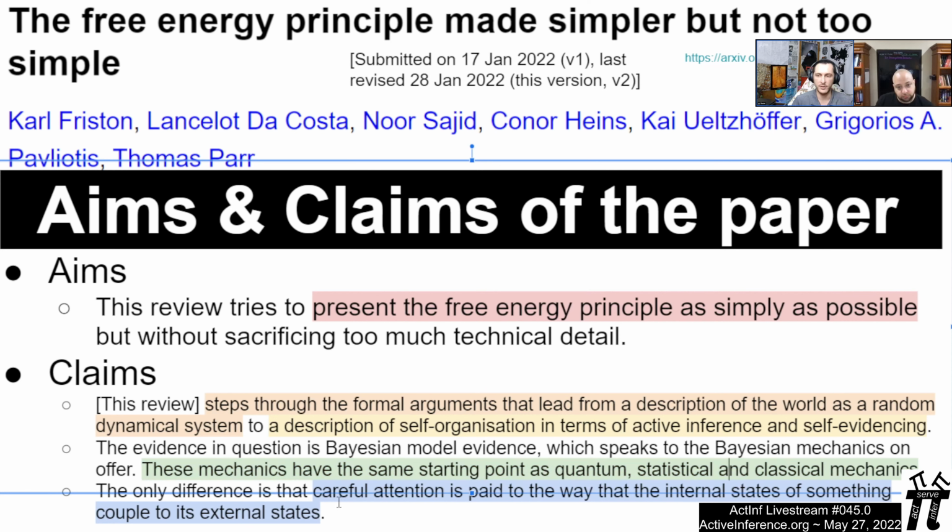And then they're going to differentiate this Bayesian mechanics for particular systems from some of these previously mentioned mechanics, in that careful attention is paid to the way that the internal states of something couple to its external states. Some of the aims and claims, although many more, will be introduced and are discussed in the paper. Any thoughts on that?